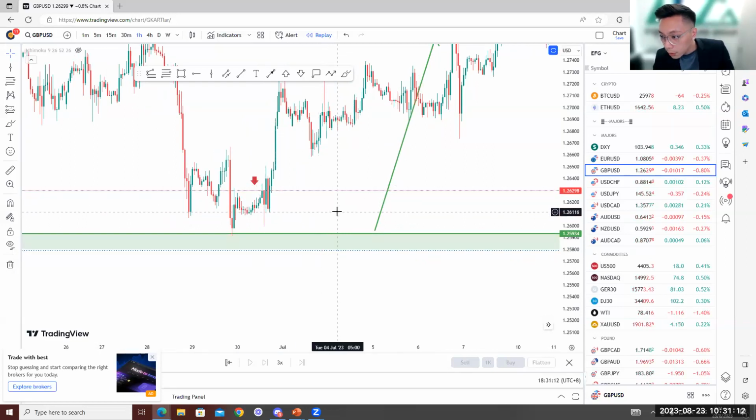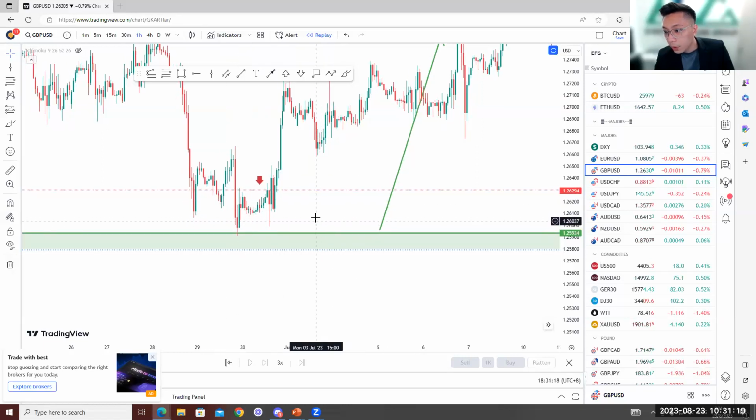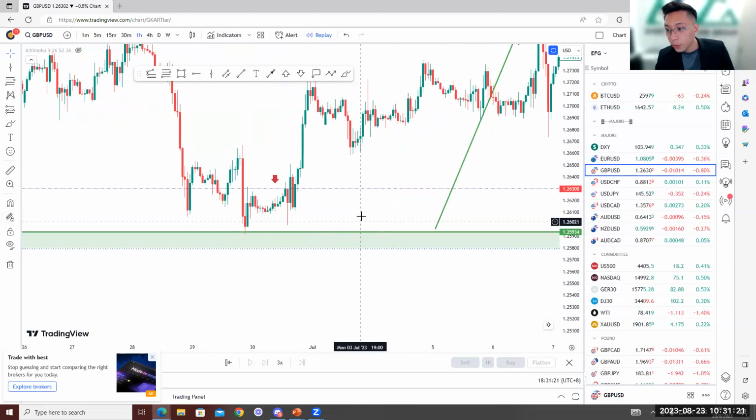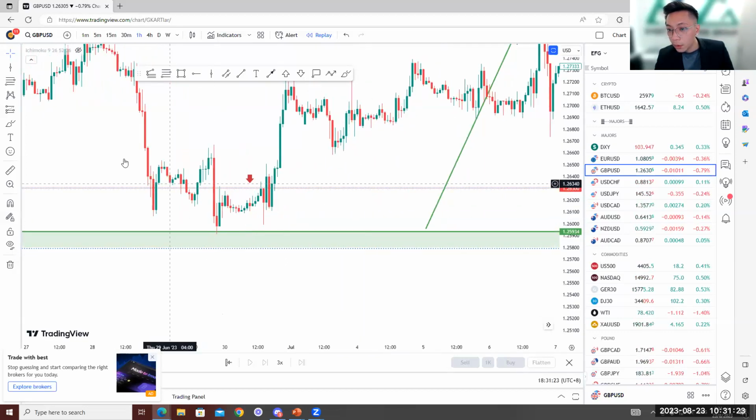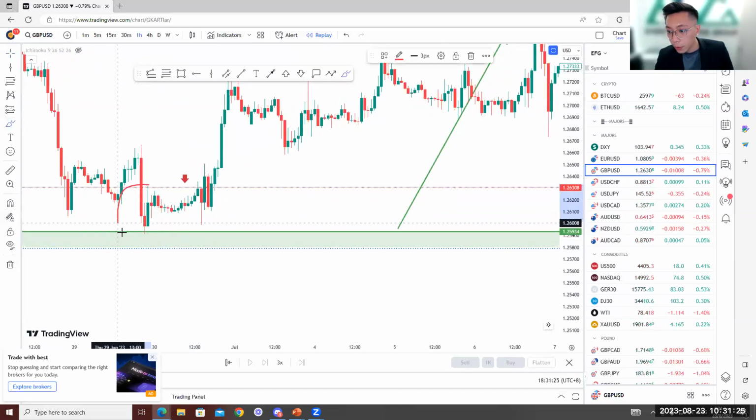Let's see. On the 1 hour time frame, we have a bearish engulfing already right here. So if you happen to catch this, that's good for you.